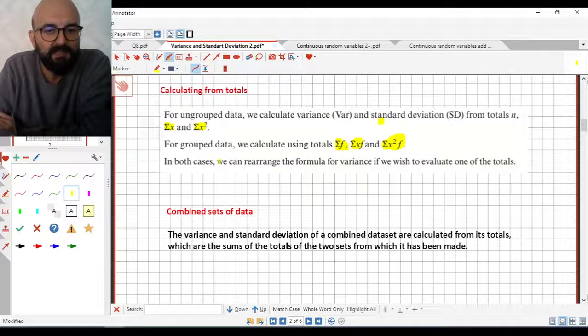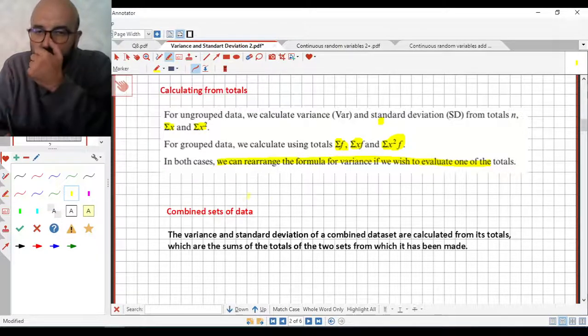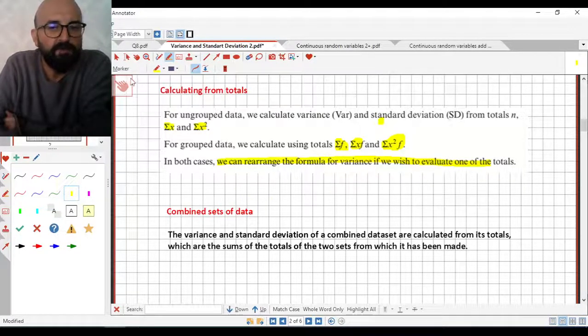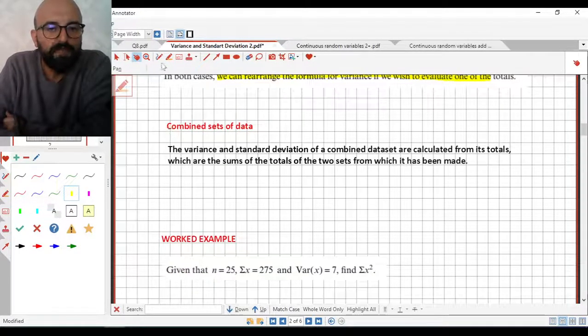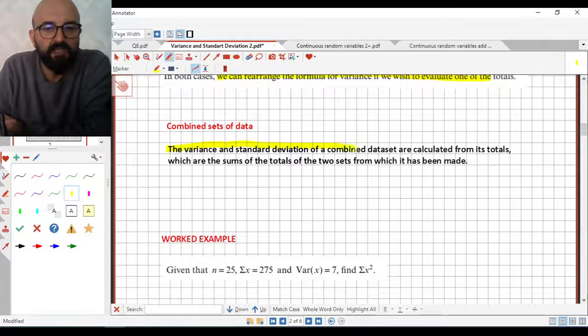In both cases, we can rearrange the formula for variance if we wish to evaluate one of the totals. For combined sets of data, the variance and standard deviation of a combined data set are calculated from its totals, which are the sums of the totals of the two sets from which it has been made.